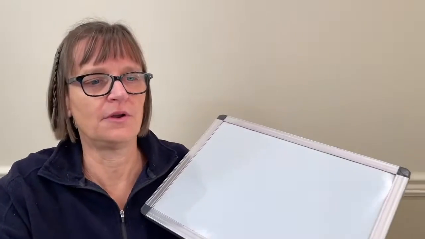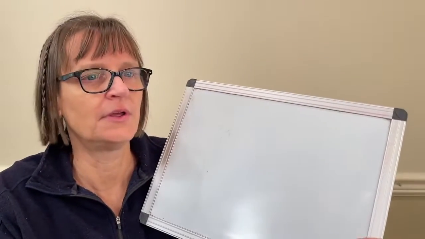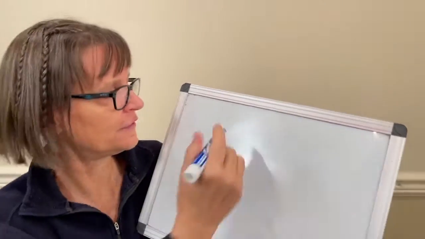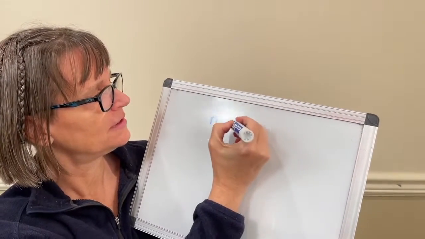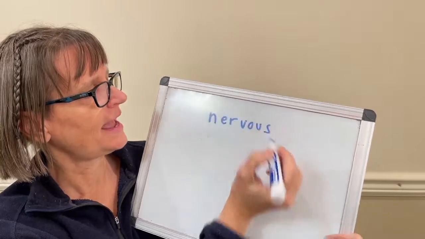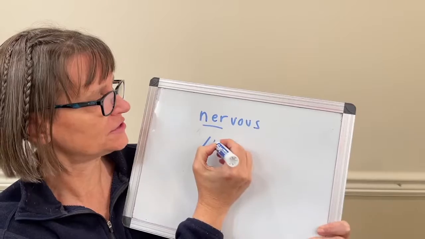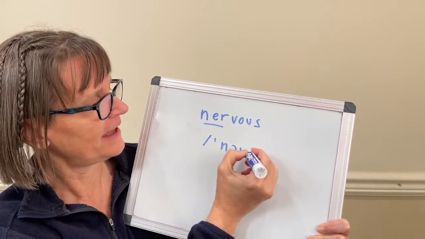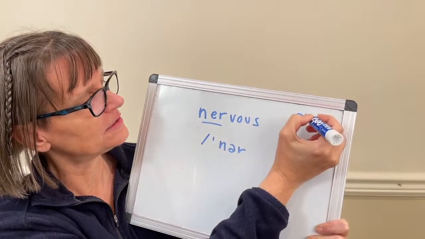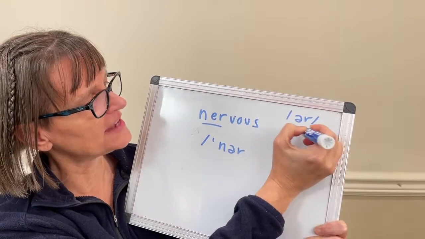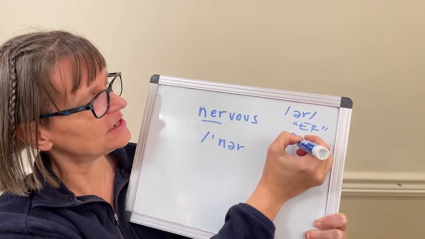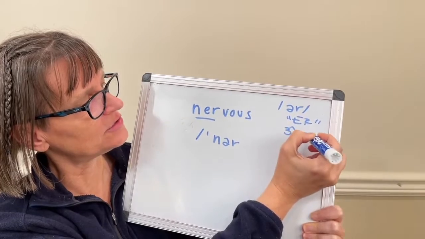Okay, so we have a recent question about the word nervous. So let's check out that word. In the word nervous, we have first syllable stress. Nervous. And so the ner syllable has our stressed sound. I often write that with this writing just to make the sound. You may see it in some dictionaries as a stressed like that and an unstressed like that.